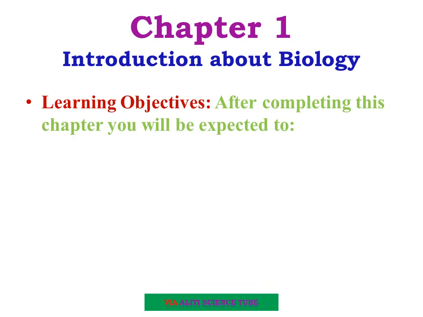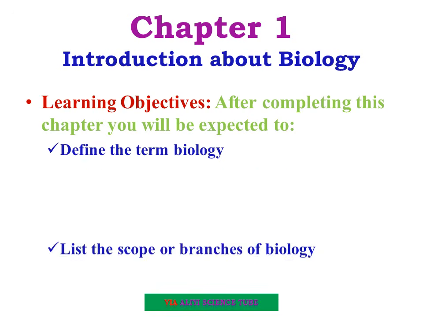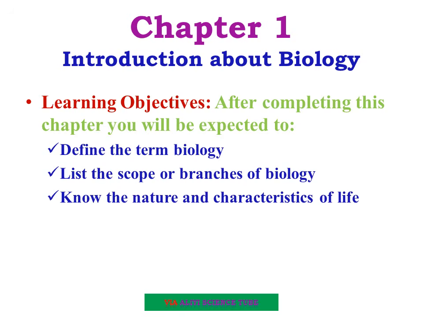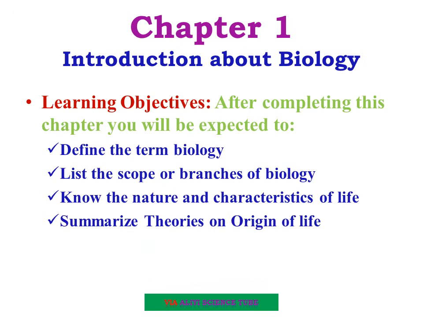After completing this Chapter 1, you will be expected to define the term biology, list the scope or branches of biology, know the nature and characteristics of life, summarize theories on origin of life, and explain the scientific method.